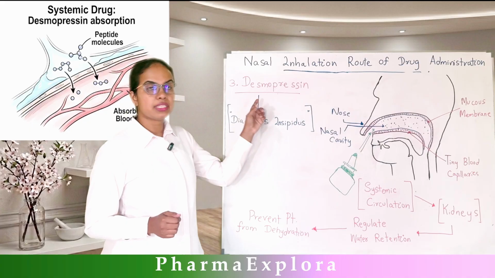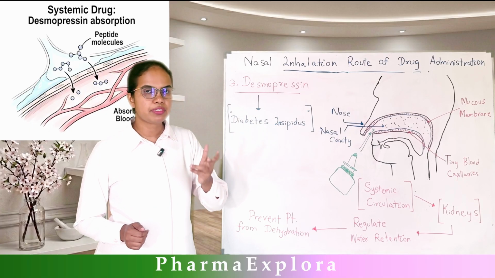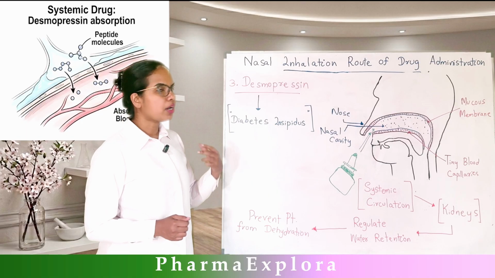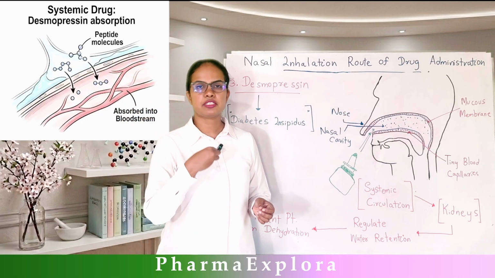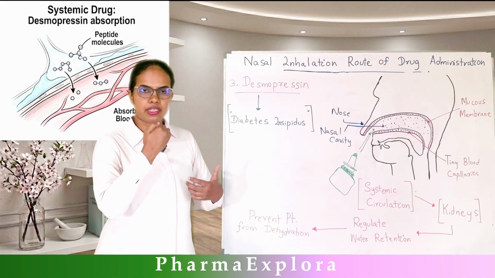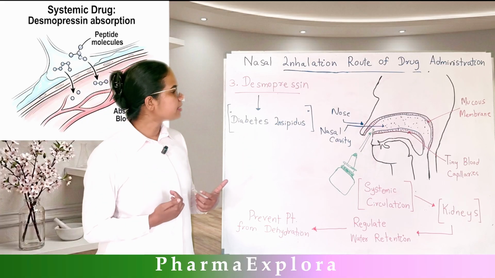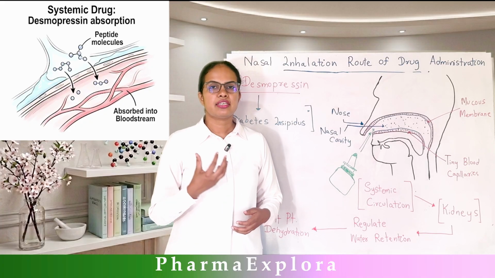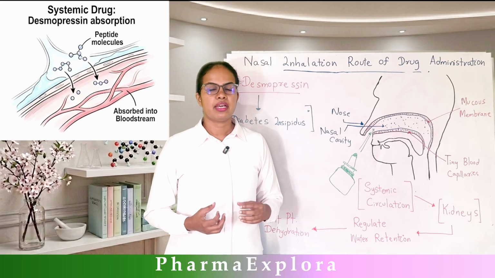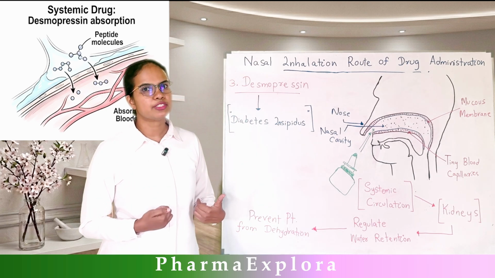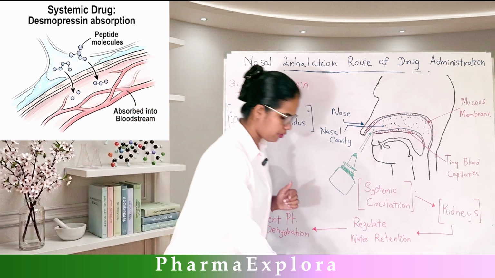Now we know this desmopressin is a delicate peptide hormone. So what will happen if we take this medicine orally? It will travel through our gastrointestinal tract and reach the stomach, and the digestive enzymes in the stomach will destroy it even before it reaches the bloodstream.